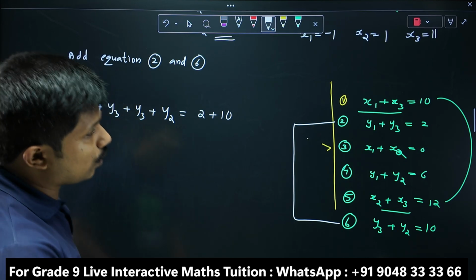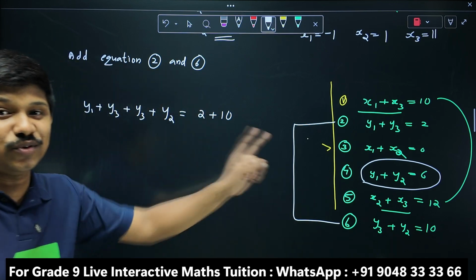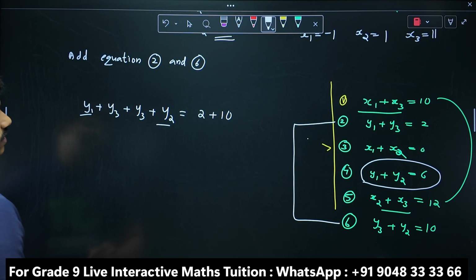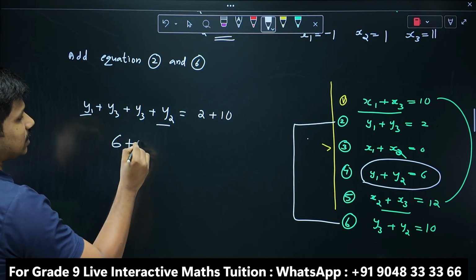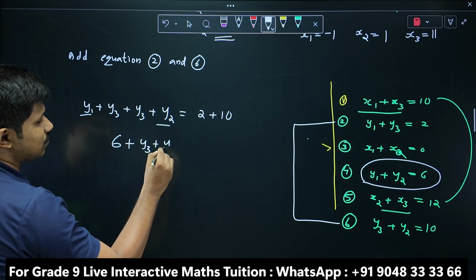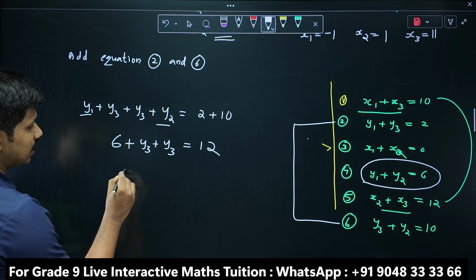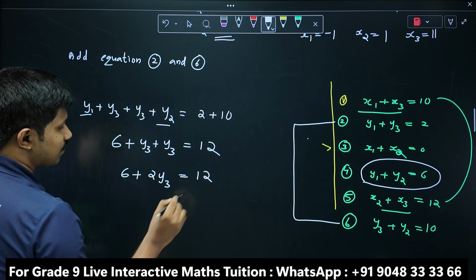Okay. Now we already know y1 plus y2 is 6. Now you can use that idea here. y1 plus y2 is 6. So what happened? 6 plus y3 plus y3 is equal to 12. y3 plus y3 means 2y3. 6 plus 2y3 equal to 12.